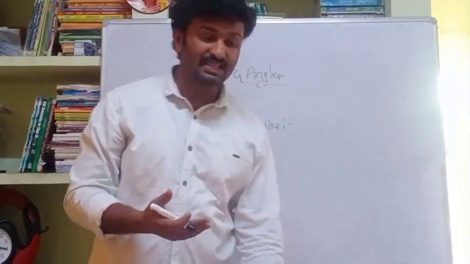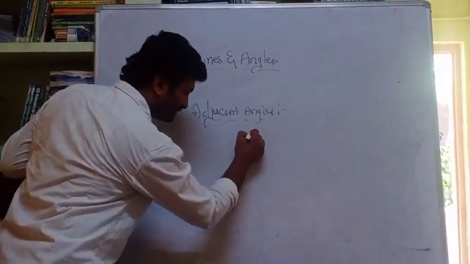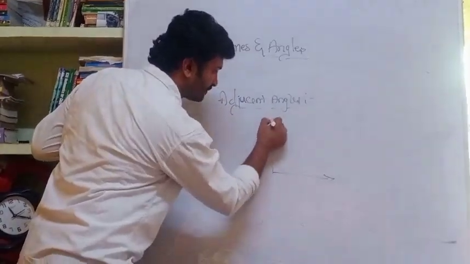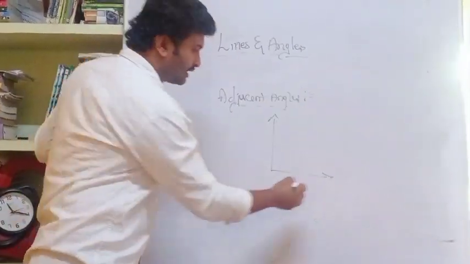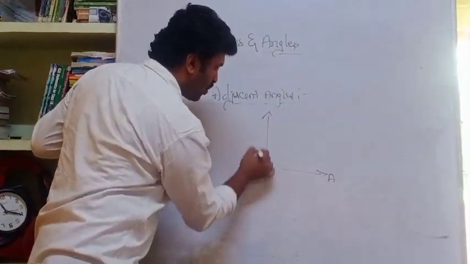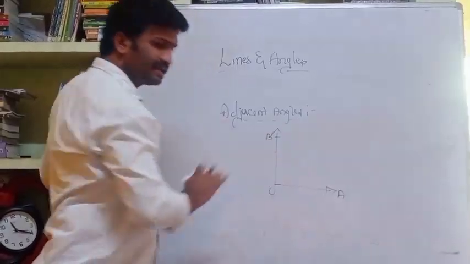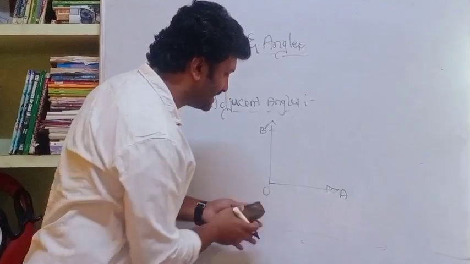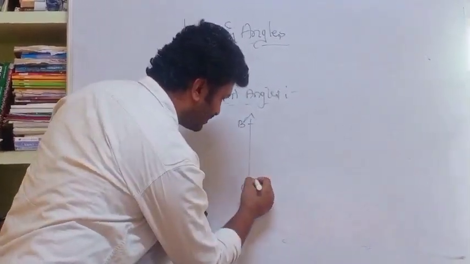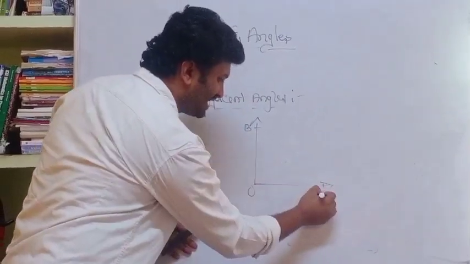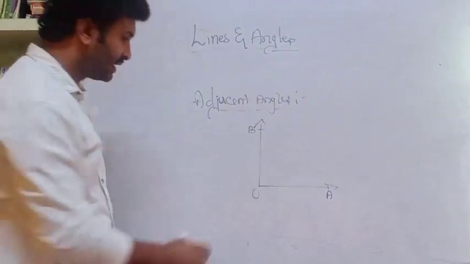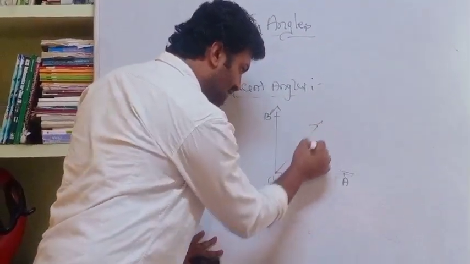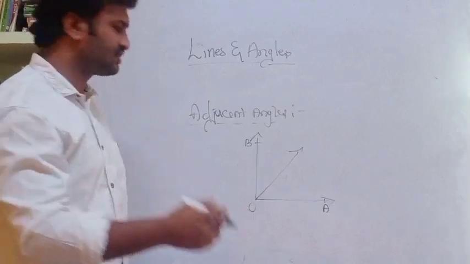Now what I will do is draw one right angle. We'll name this AOB. Now I'll divide this 90 degrees into two angles, or maybe you take different angles also.